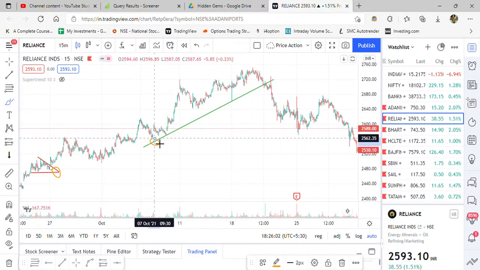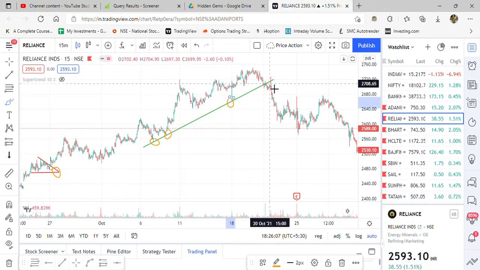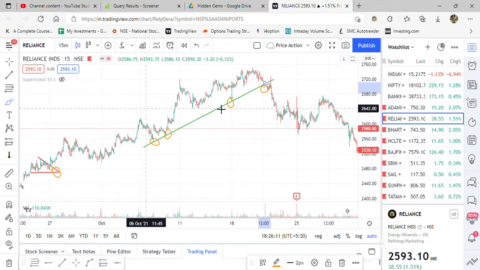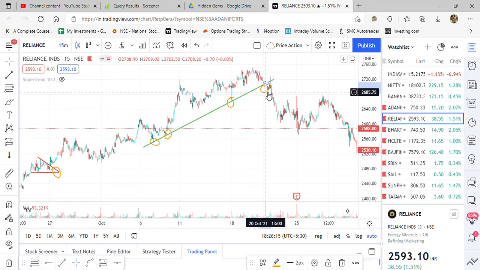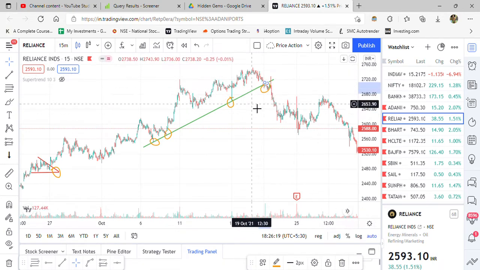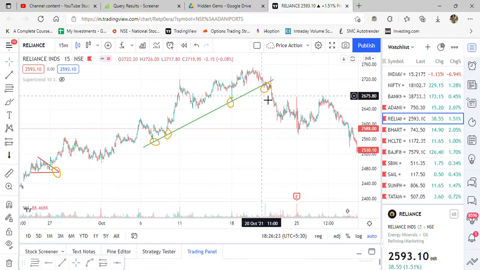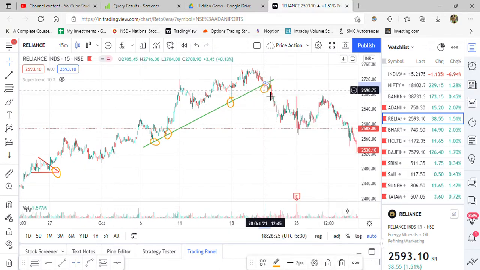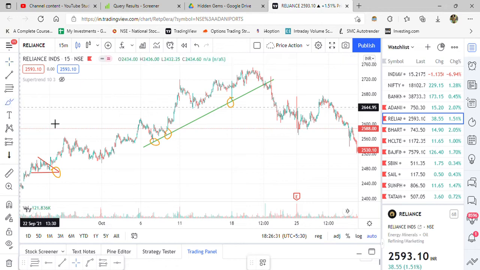attempting 1, 2, 3 and 4, just remember this, when the stock tried the fourth time, I'll just delete this now.